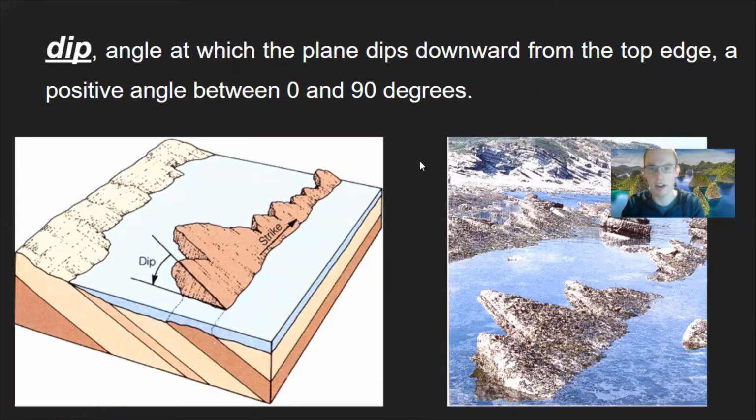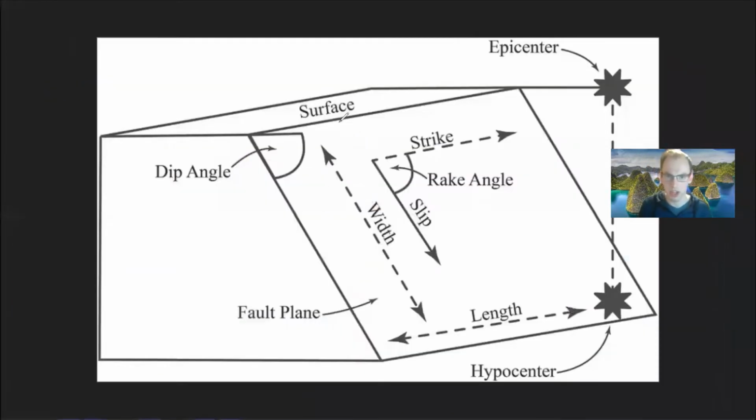In our big diagram here, when we're talking about the top edge, we're talking about this here. So we have our fault plane right there, and the dip is essentially, if we have that surface there, what is the angle that that interface is dipping down as it's pushing into the earth or even sliding past things there.